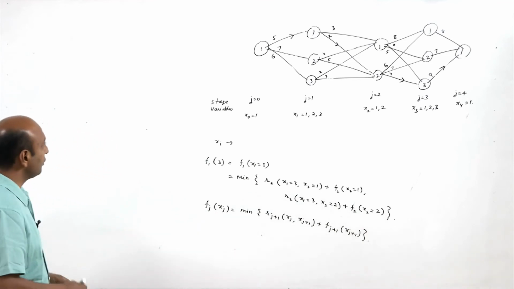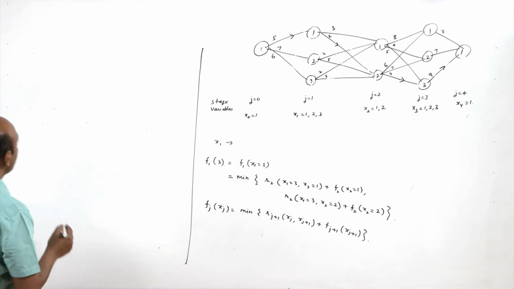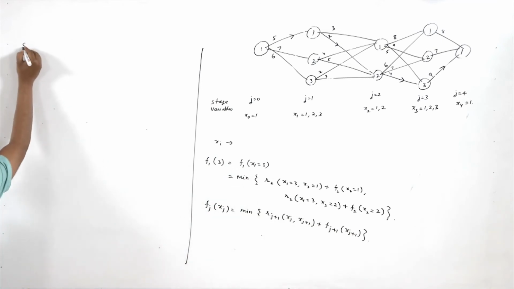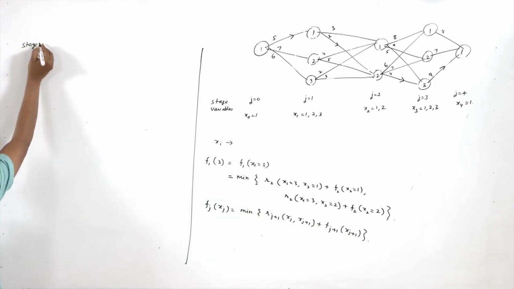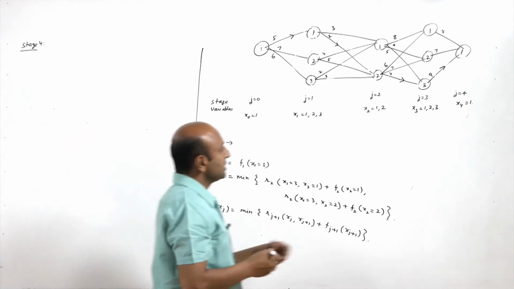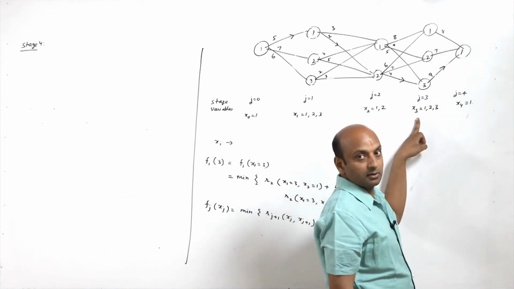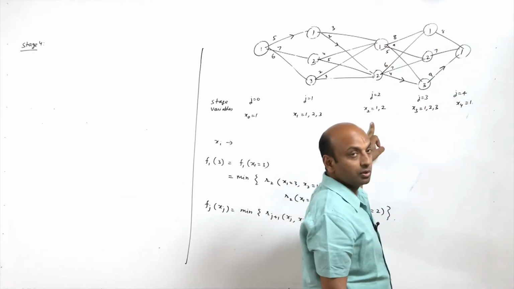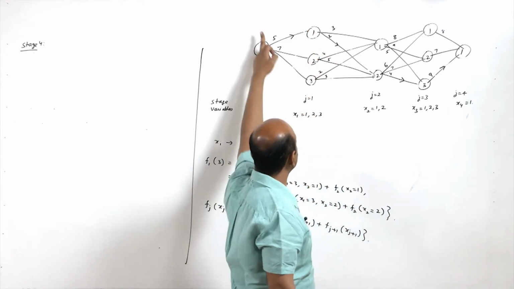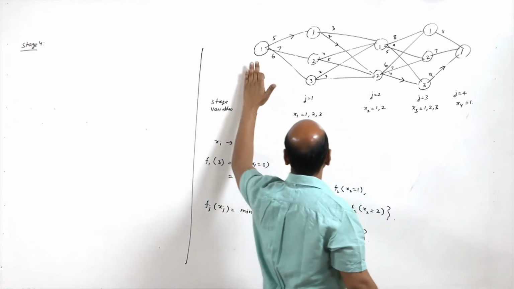So let us now find the minimum distance from this to this. How can we start? First we take stage 4. Again we are using a backward recursion, because this is stage 4, up to here it is stage 3, up to here stage 2, then stage 1 and then stage 0. Stage 0 will give the minimum from this to this.